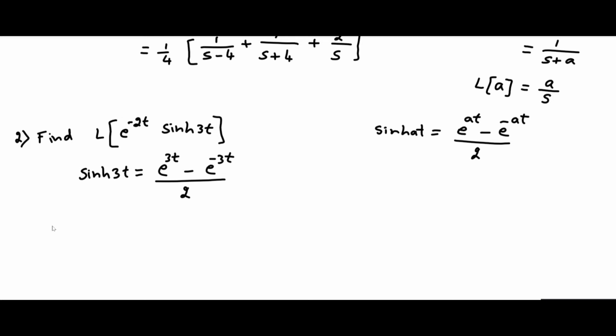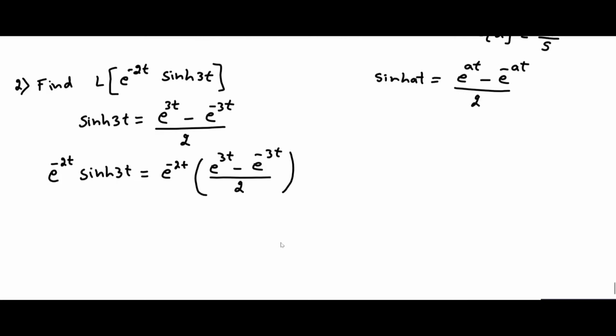On the left hand side, I'm multiplying by e power of minus 2t, so sinh 3t as it is. On the right hand side also, you multiply e power of minus 2t with e power of 3t minus e power of minus 3t, whole divided by 2.